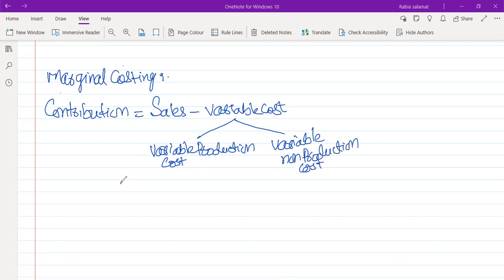Variable production cost includes direct material, direct labor, direct expenses, and variable factory overheads. Non-production includes variable selling, distribution, and administration.